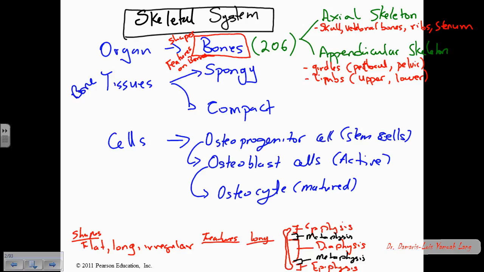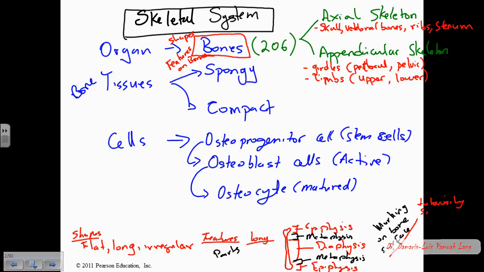Also, apart from the features in terms of the parts of bone, we also have the markings on bone's surface. So some of these markings include things like tuberosity, which we see on the humerus, for example.